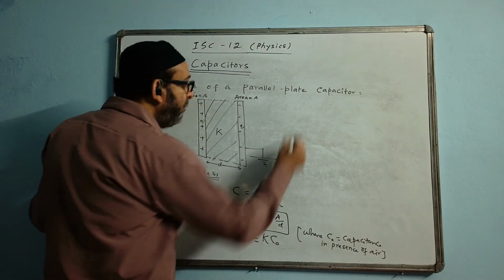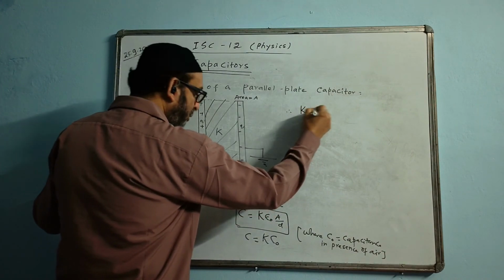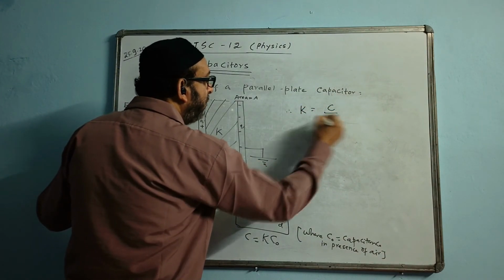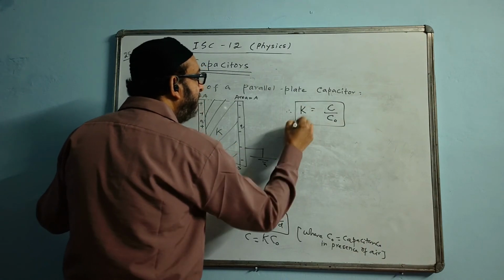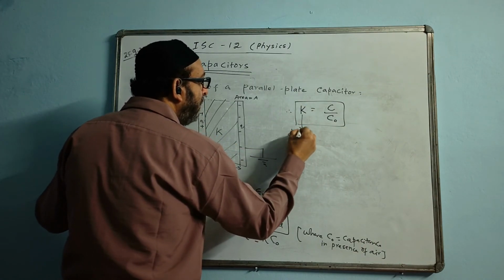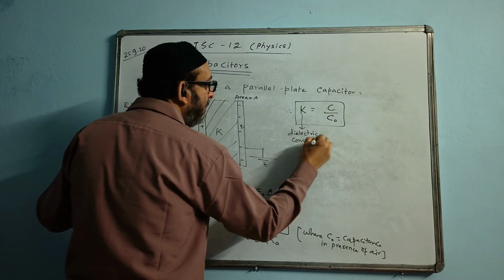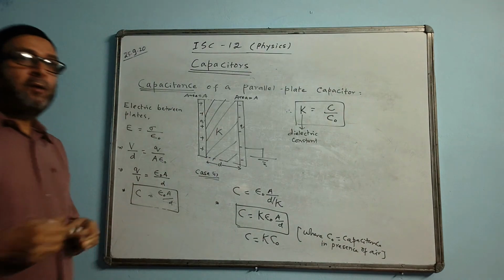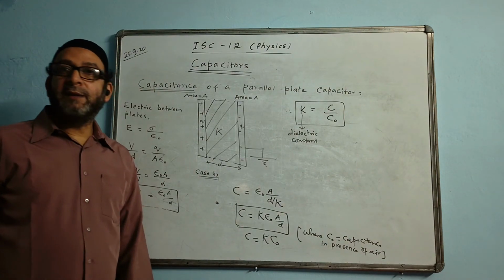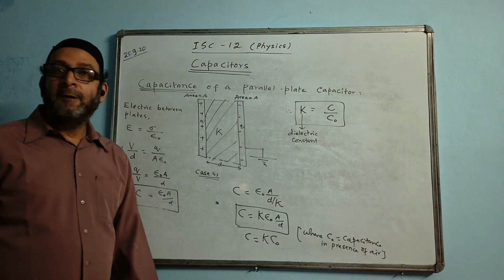From this equation, you can write K is equal to C upon C naught. K is the dielectric constant, and the dielectric constant can be expressed as the ratio of C by C naught.